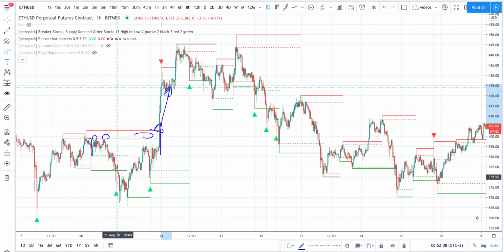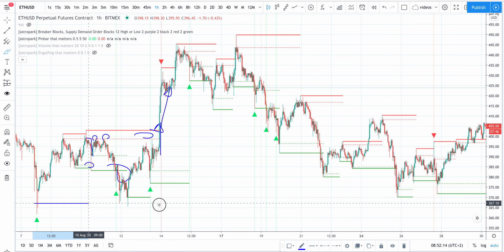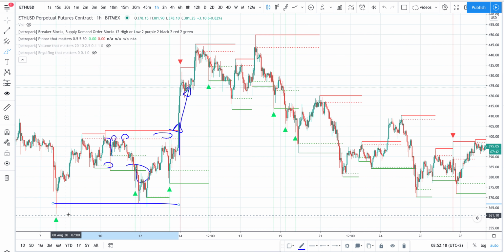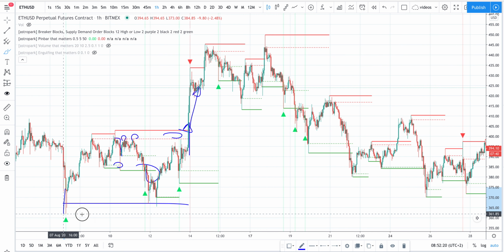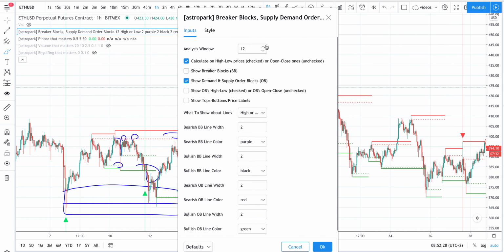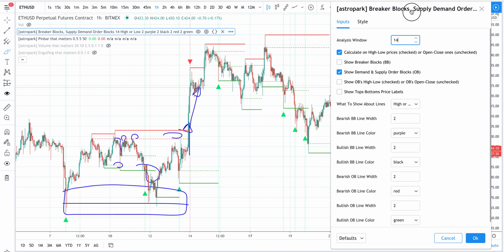And you long here, but you were stopped out. I understand, but I'm pretty sure this was also a demand in the past, but you can't see it anymore unless we increase here again, for example.